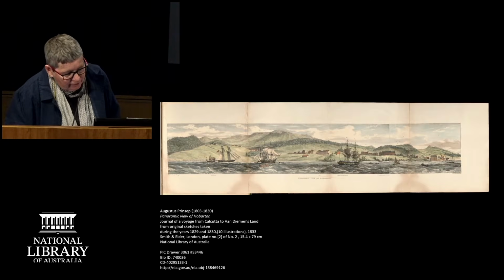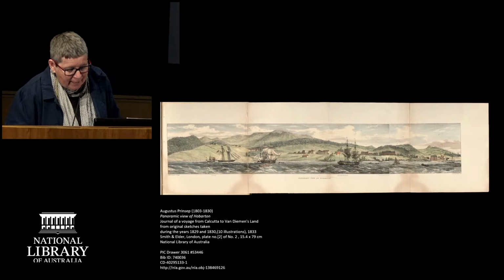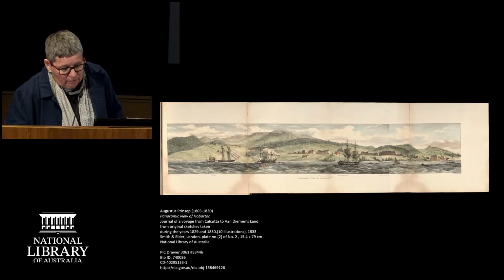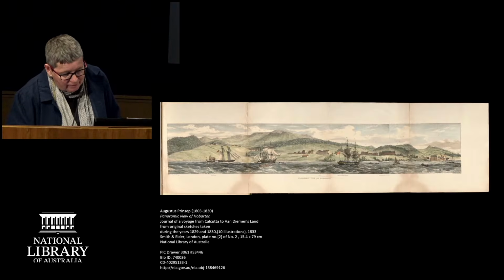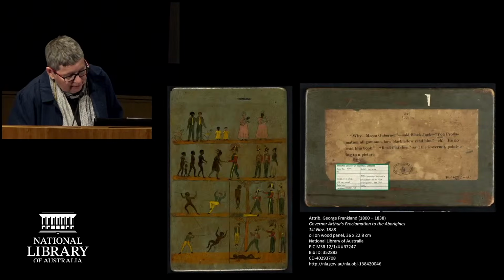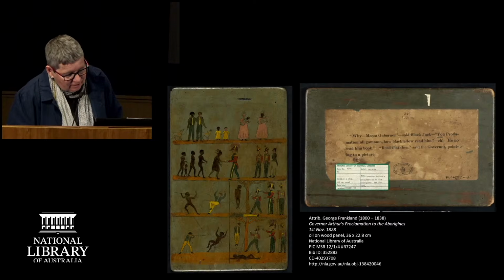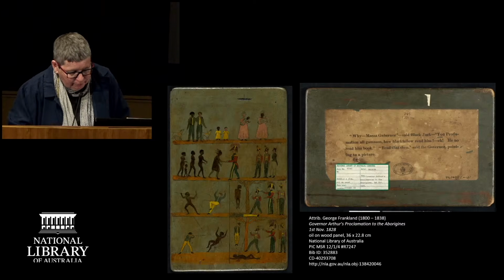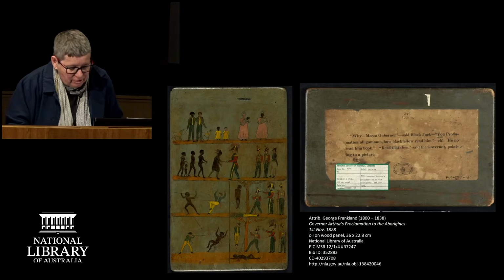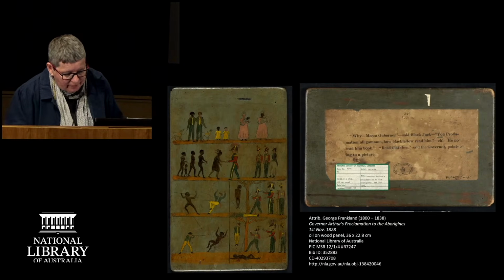But meanwhile, the significance of the equally uncanny proclamation panels, one of which resides here in the library, also either made or at least suggested by Franklin, were concurrently produced. 8 survive internationally, and more work is needed on their backstory, but at this point their resemblance to Indian scroll art seems like a likely visual influence in these panels' construction and appearance, albeit here via oils on Huon pine.